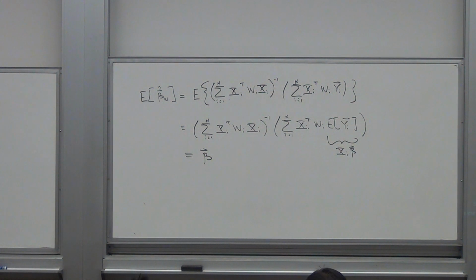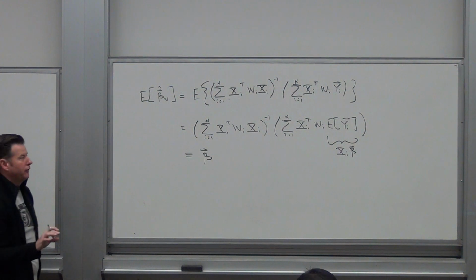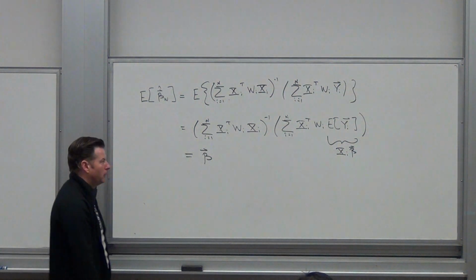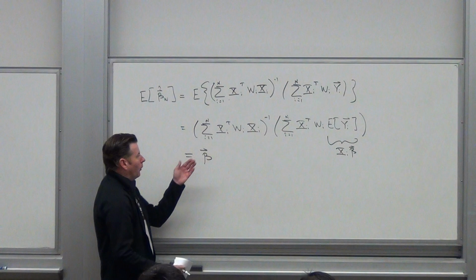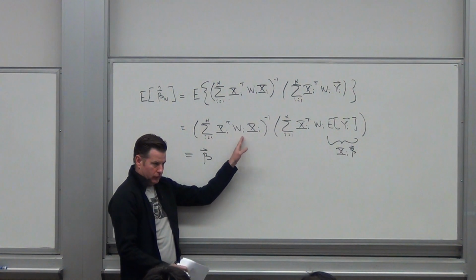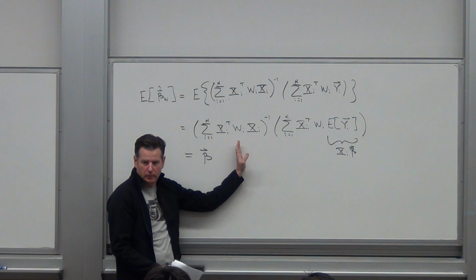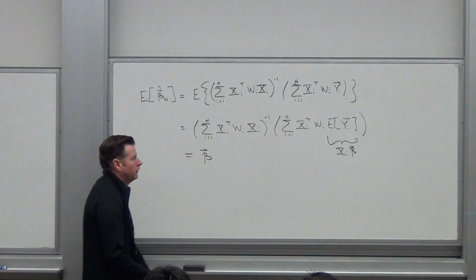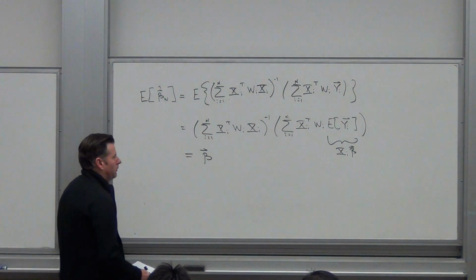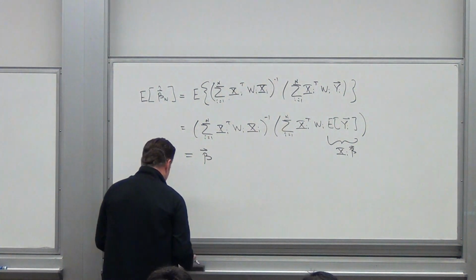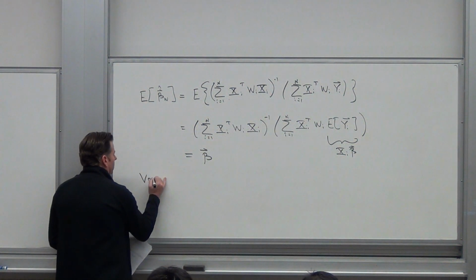We've seen this going along in the past, unbiased estimation. You guys saw it actually in your simulation study as well. Note that this is regardless of whatever weight I chose. Right? Wi here is just general. I could have taken it to be the independence matrix, I could have taken it to be the true variance covariance matrix. No, the result holds. So now let's think about the variance though.